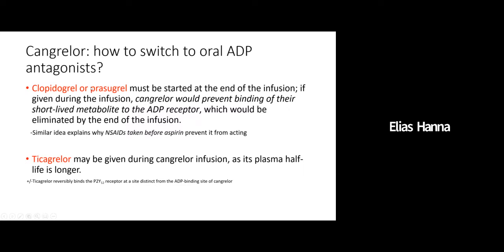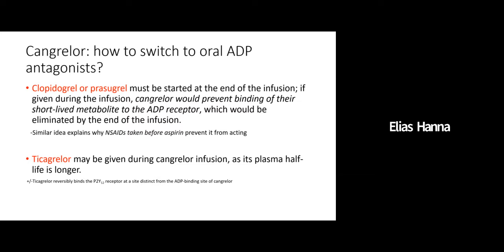So by the way, if you give Plavix or prasugrel while Cangrelor is running, that metabolite is not going to be able to bind to the ADP receptor, okay? And since it has a short half-life, by the time you stop your Cangrelor infusion, that metabolite is already gone from your blood. So there is a concern that if you give Plavix and prasugrel during Cangrelor infusion, you're not going to have any effect from it.